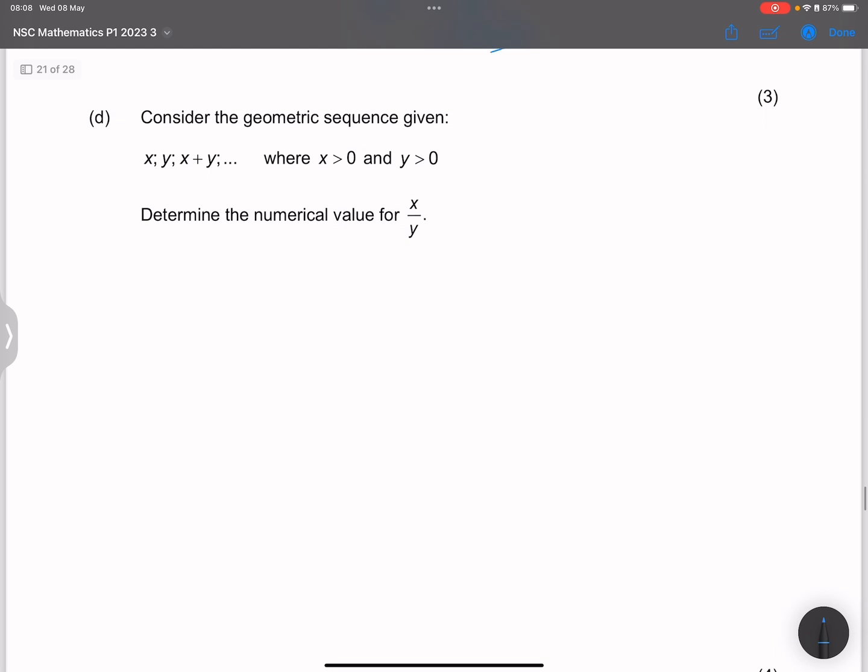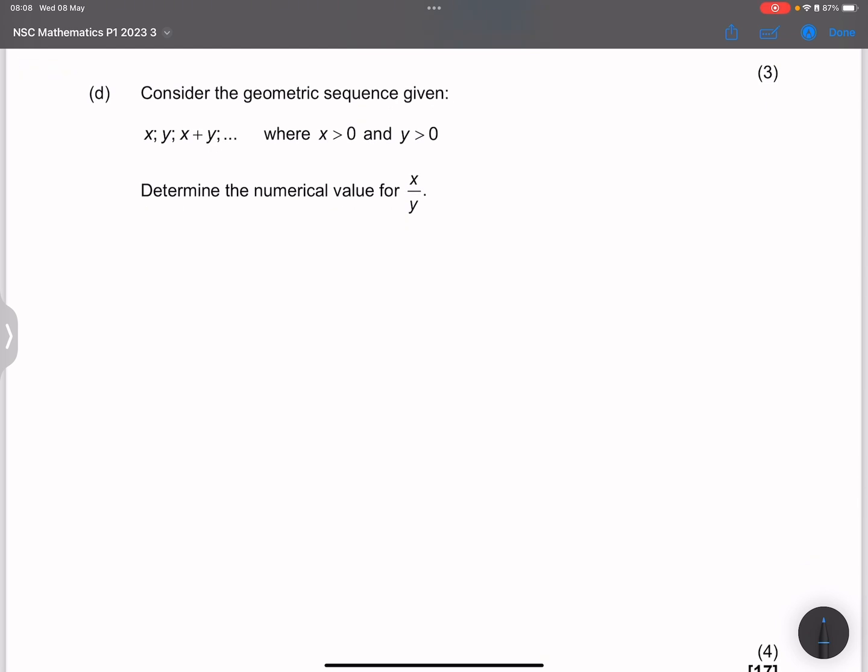In this case, we've got a geometric sequence that is given: x, y, and x plus y, where x is greater than 0 and y is greater than 0. They say determine the numerical value of x divided by y. Now, we know that it's a geometric sequence, so that means T2 divided by T1 will be equal to T3 over T2.